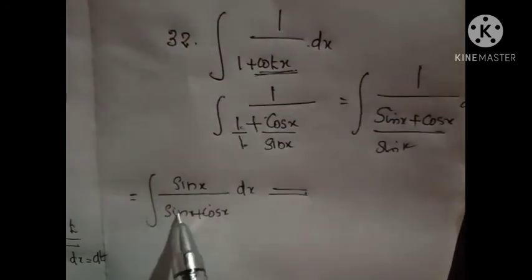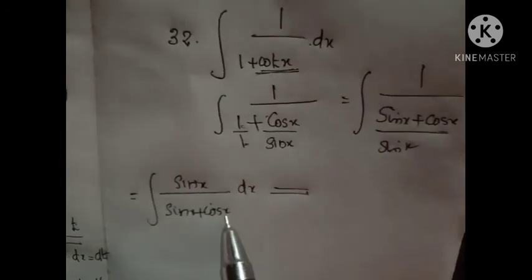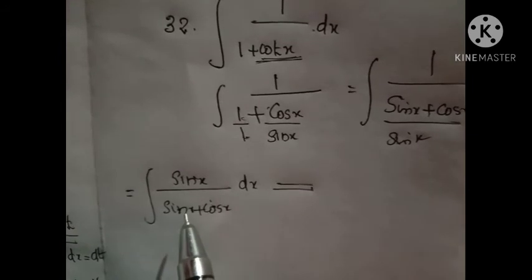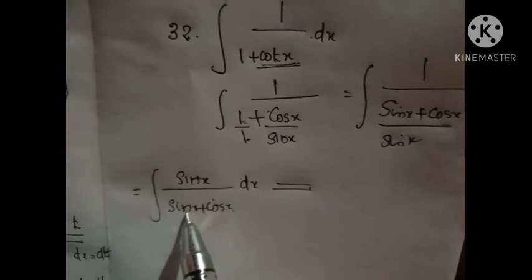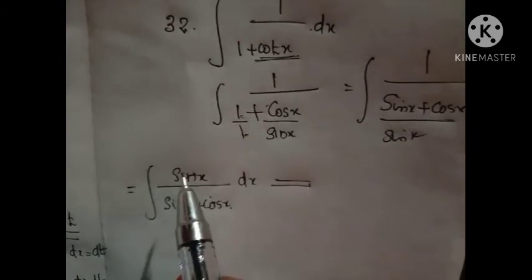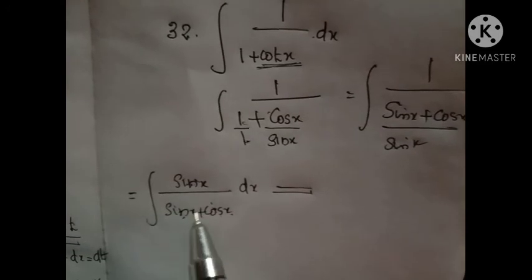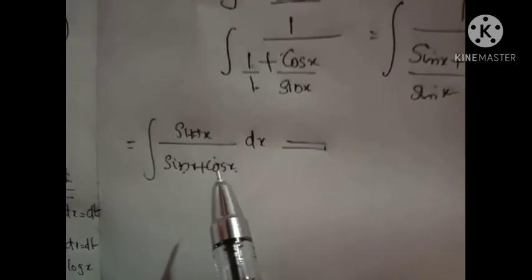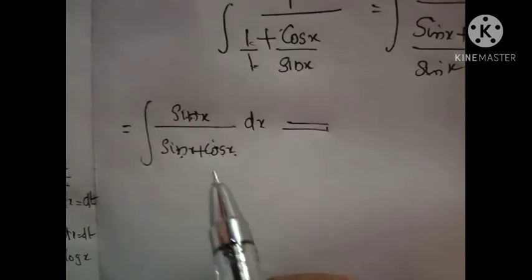Now if we put denominator or numerator equal to t, listen, nothing will happen, because if you put a denominator equal to t, you will get a cos term. If you put numerator equal to t, you will get only cos term. So there is no way to find directly by substitution method the integral of this function.